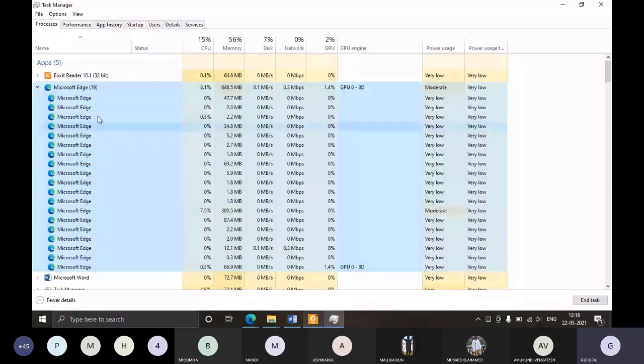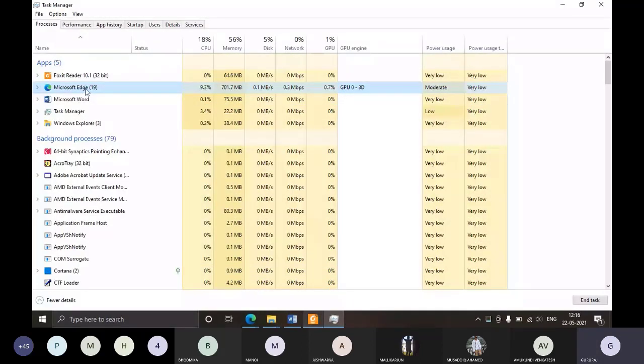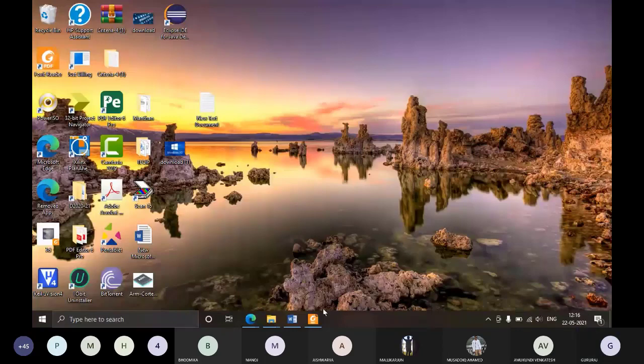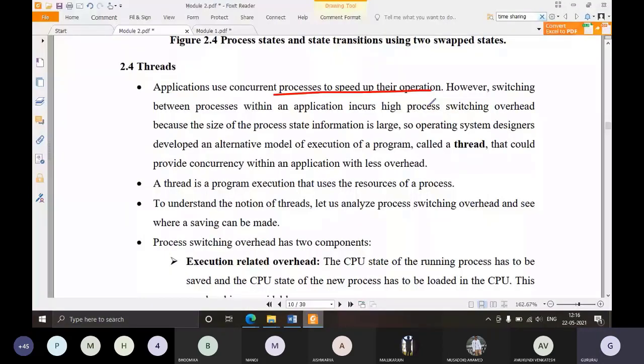So the application uses concurrent processes; Edge, in our example, is using 19 concurrent processes to execute its operation.